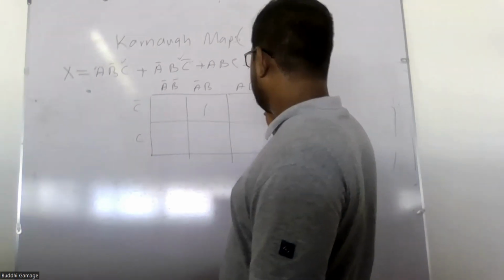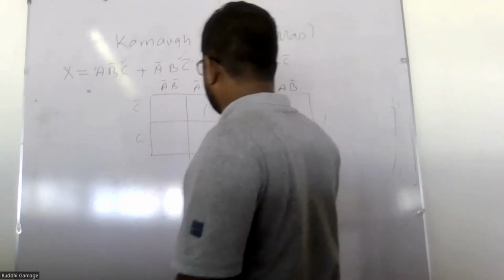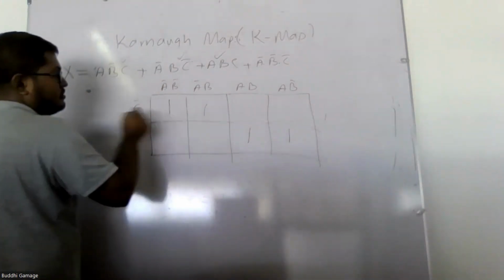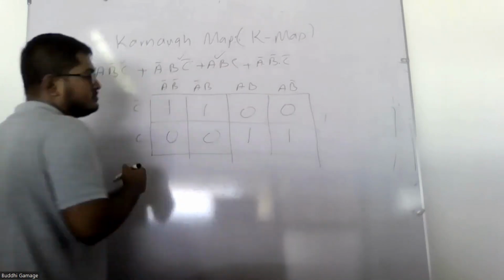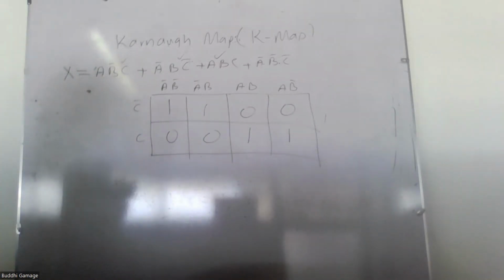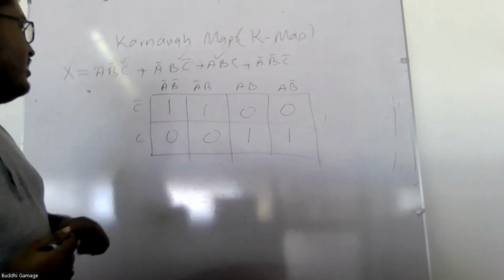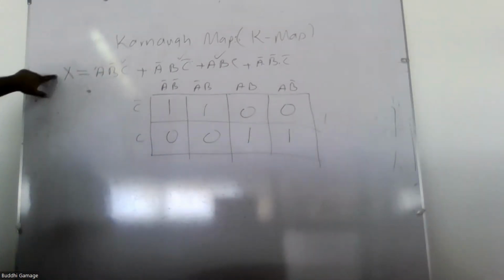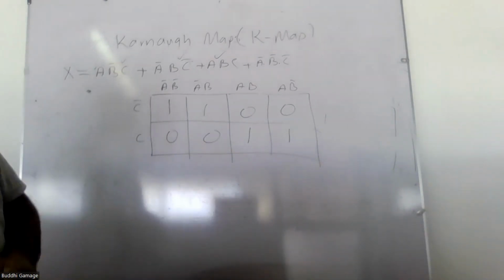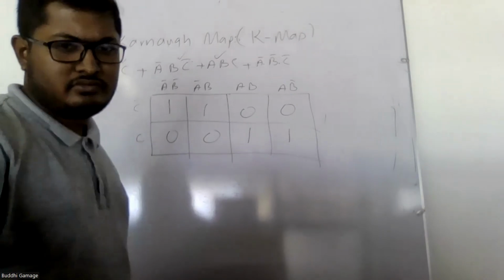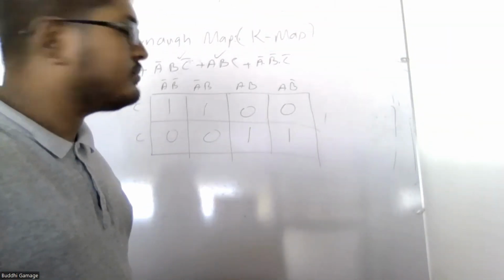And A, B, C, and A bar, B bar, C bar, A bar, B bar, C. So others should be 0. Right? This is an easy way to map a given sum of products expression into count maps. Please let me know if you have any problems.